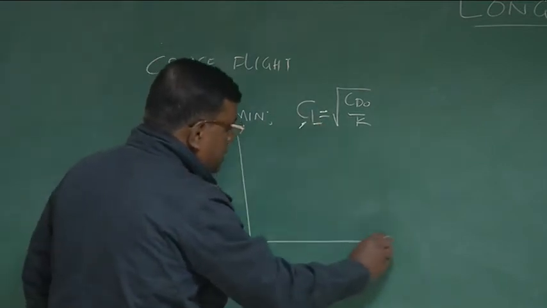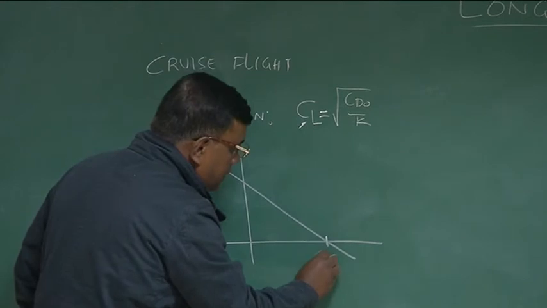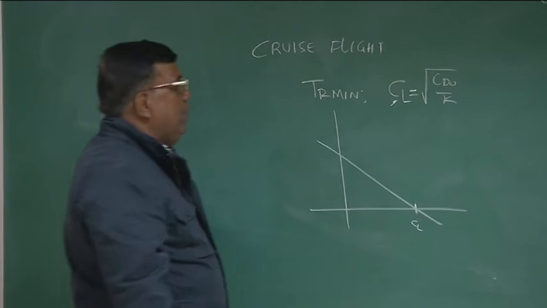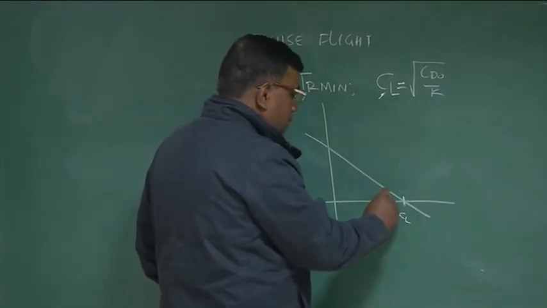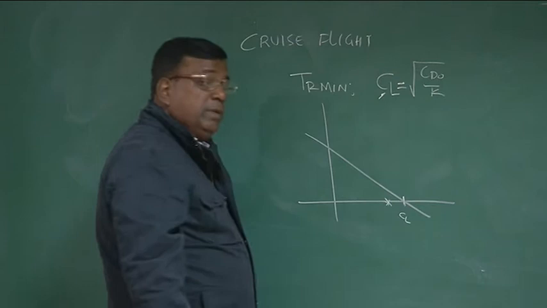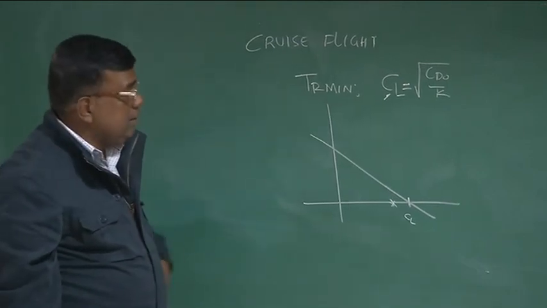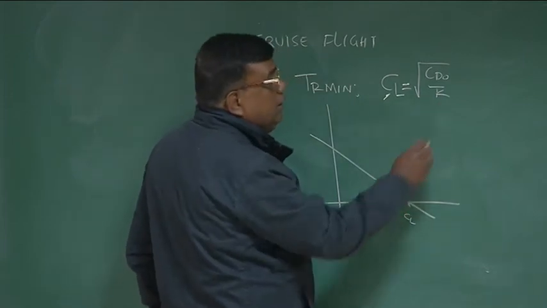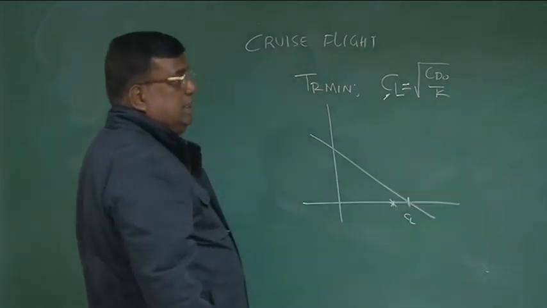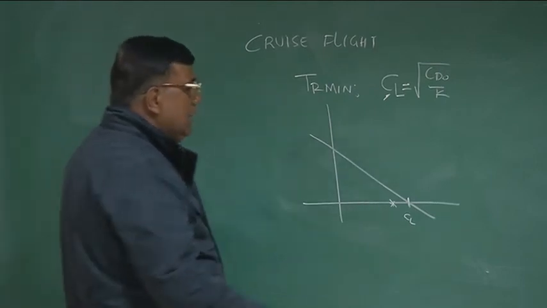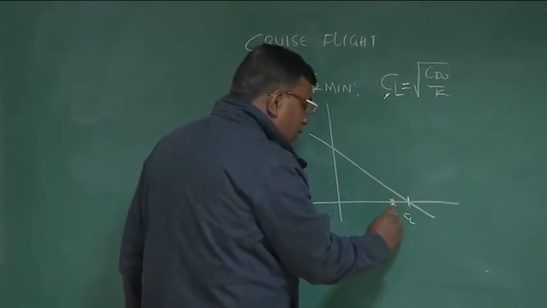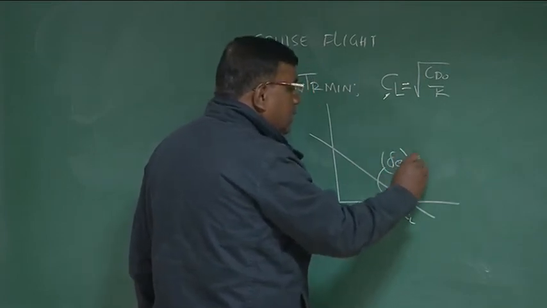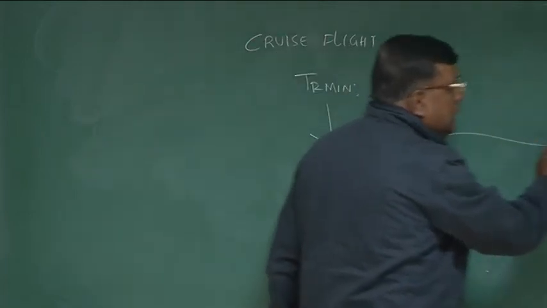Suppose you are flying the machine at some CL which was not for thrust required minimum. Now you find that for thrust required minimum, I have to fly at a CL here, let's say. So that means at a higher speed, but CL is given by CD naught by K. So immediately you see that this relationship delta E equal to delta E naught plus d delta E by dCL trim into CL trim will tell you, if you want to fly at this CL trim, how much delta E is required. That comes from here.